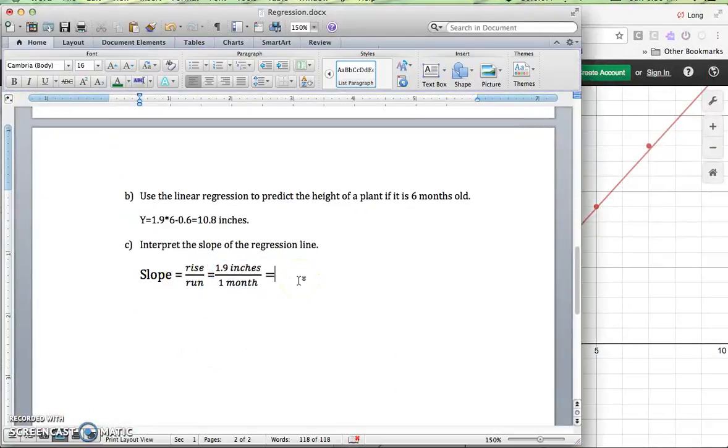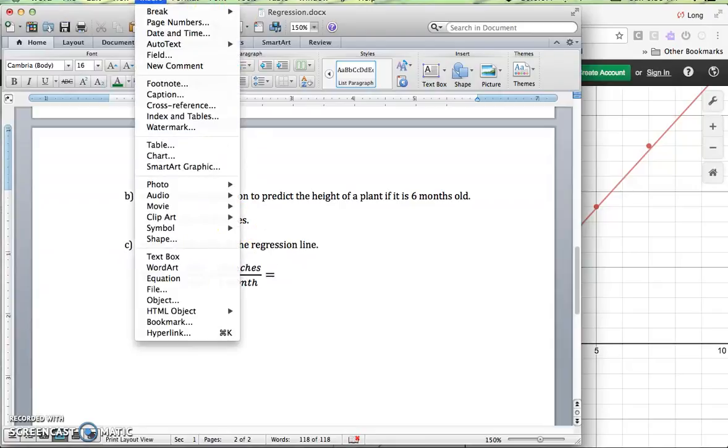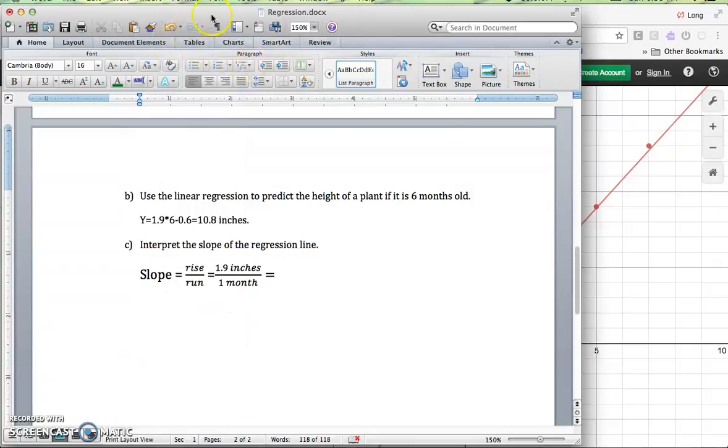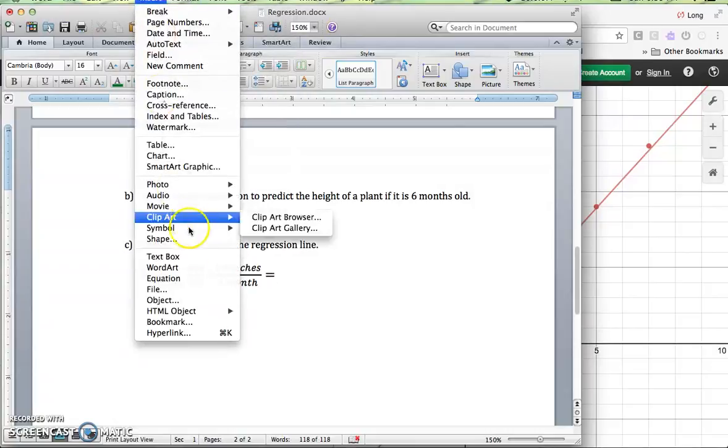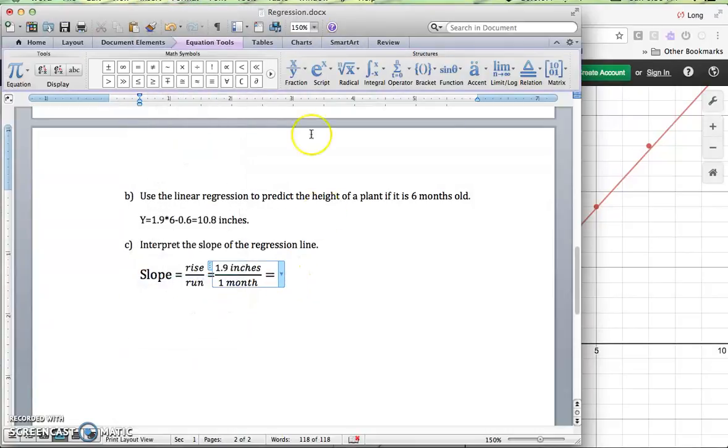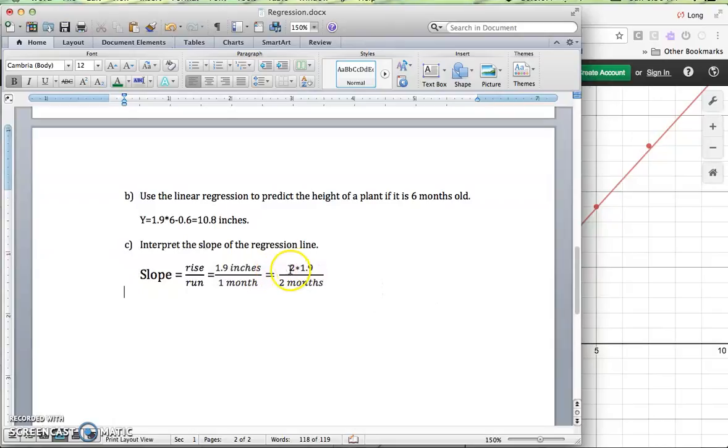For example, you can also ask, what if we increase the age by 2 months? That means the height is 2 times 1.9. Notice this fraction is the same thing as this fraction, where you cancel the 2.